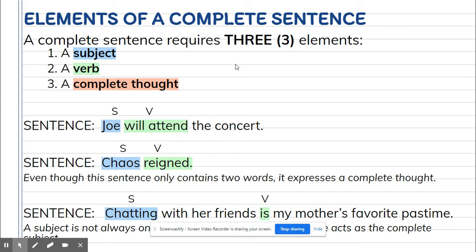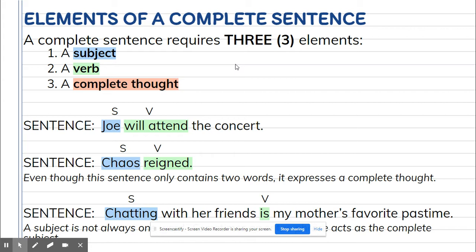All right, lastly, we have chatting with her friends is my mother's favorite pastime. Now, this type of sentence often trips people up because our subject here looks like a verb. It's one of those verbals that we talked about in Unit 1. Chatting, right there, that would be a gerund. It's technically a noun, right?